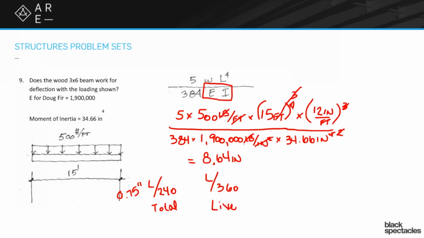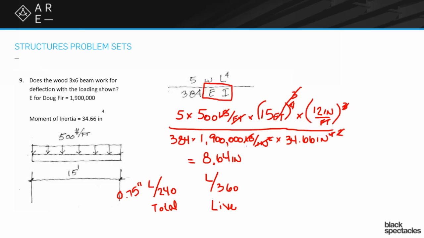So if we went to a steel in place of this wood, the modulus of elasticity for that is going to be significantly higher, which means that the denominator is going to be higher, which means that the overall fraction is going to be much smaller. Yep. So going to steel would be one way to think about this. We could also, with the I, the 3x6 is a reasonable shape, but we could go with a much deeper section.